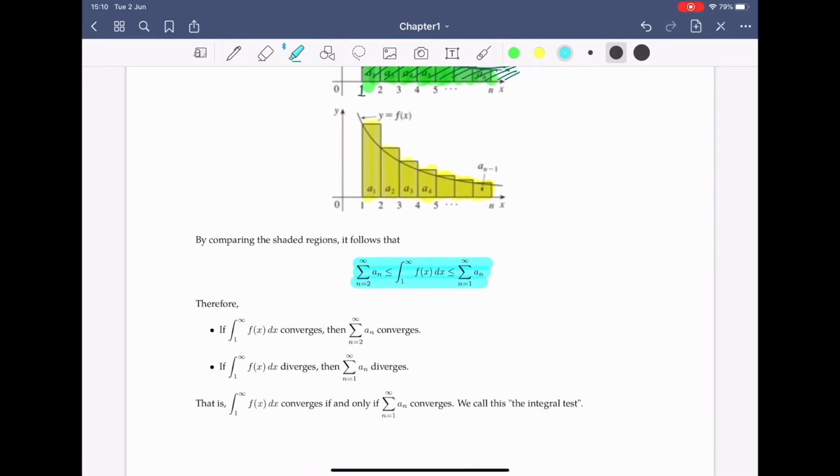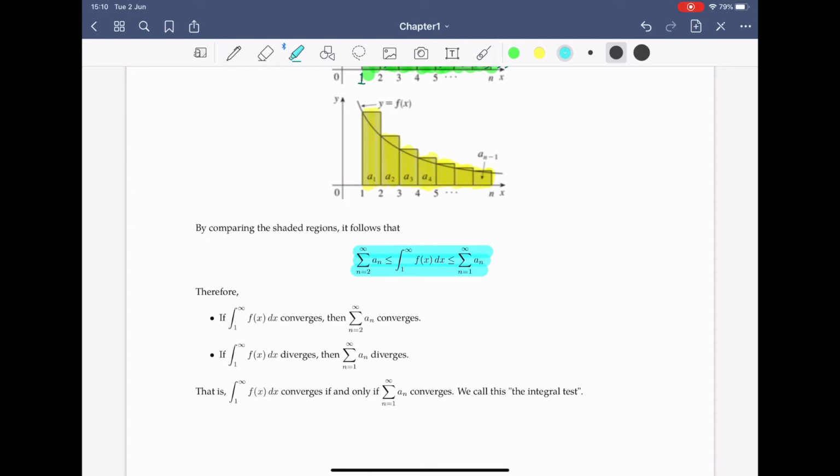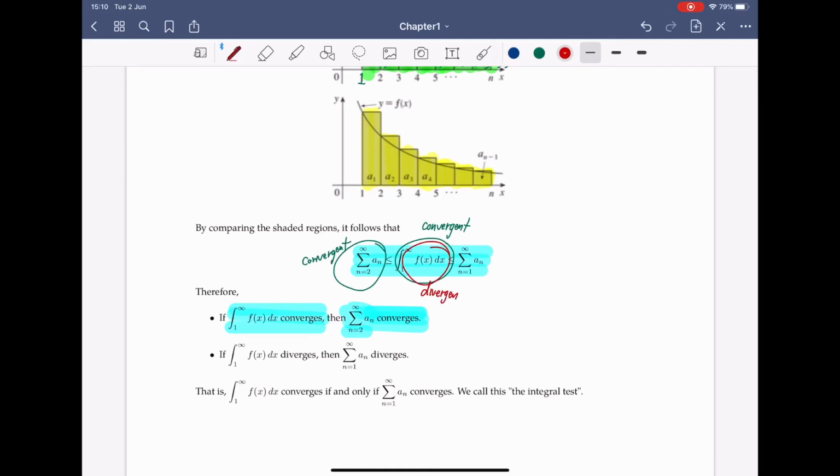And you can see that if the integral converges, then it's going to force the series with n starting from 2 to infinity to converge as well. On the other hand, if this thing is divergent, it's going to force that this thing must be divergent too.